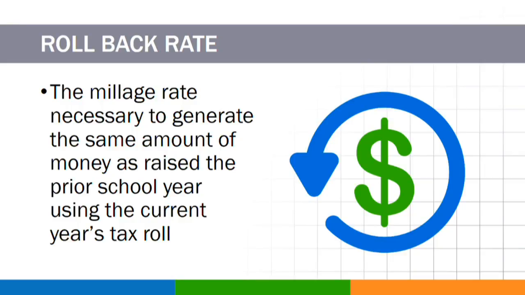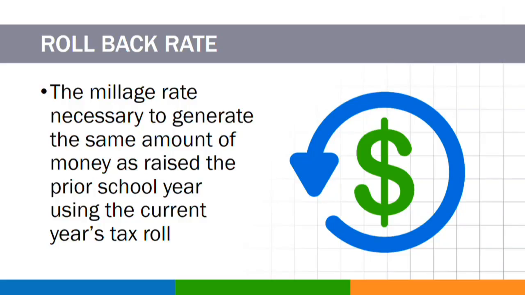Thank you. Just so everybody's aware, the rollback rate is the millage rate that is necessary to generate the same dollar amount as was generated the year before based on the new tax roll. For us this year, the rollback rate is 6.4886.